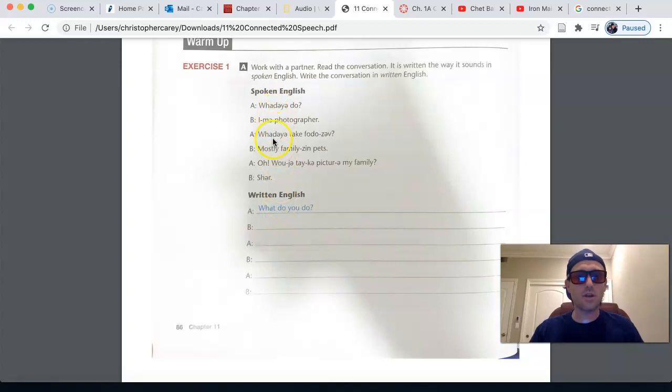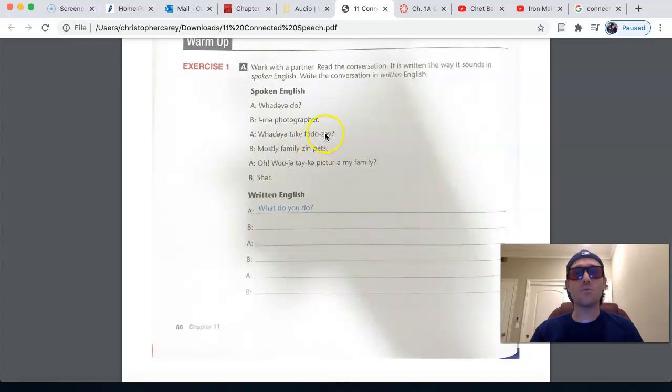Notice the same question here. What do you take photos of? What do you take photos of?